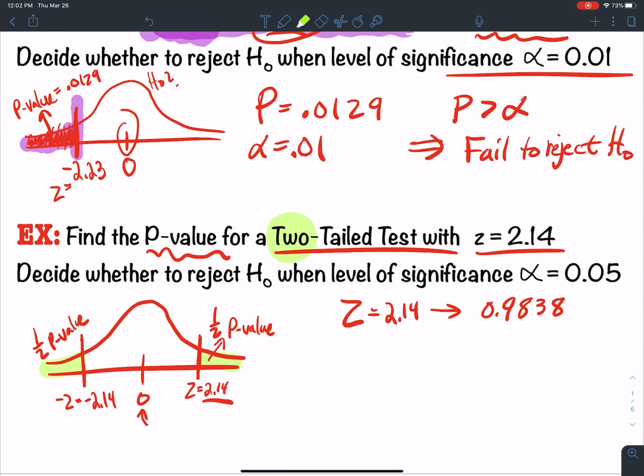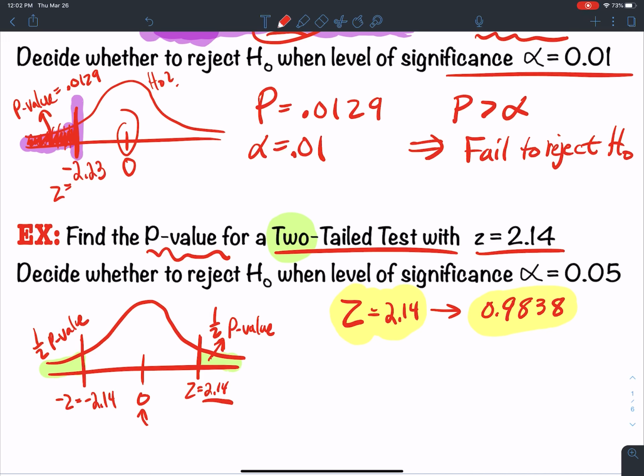Is it possible to have 0.9838 in this little tail here? No, it's not. Remember, the z-score tells you what? Area to the left, cumulative area. So that's all this area right in here. Do I want all that area? No, I want the complement of that area.